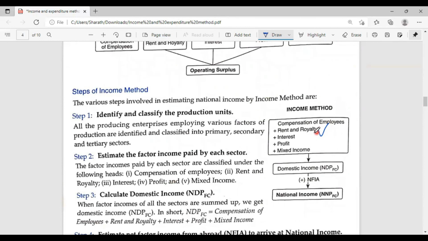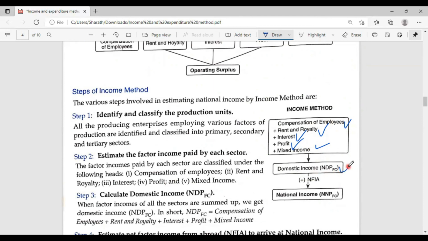This is step number one. You have to add all these components and even compensation of employees. Once you add all this, you won't get national income. You get the very first aggregate, that is domestic income, NDPFC. NDPFC is the very first aggregate you get in the income method.